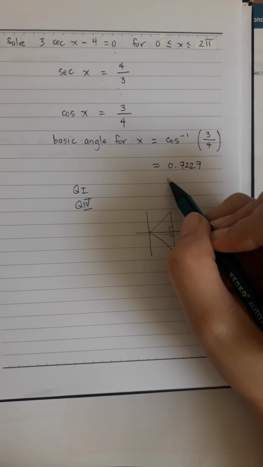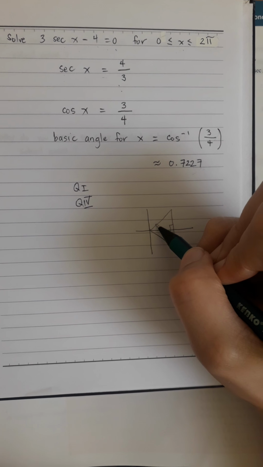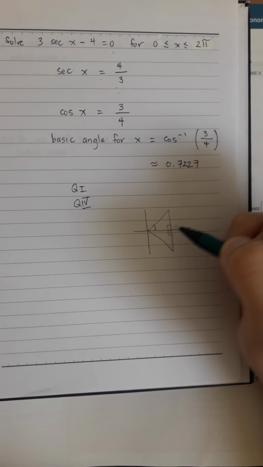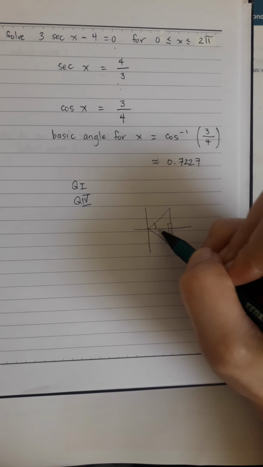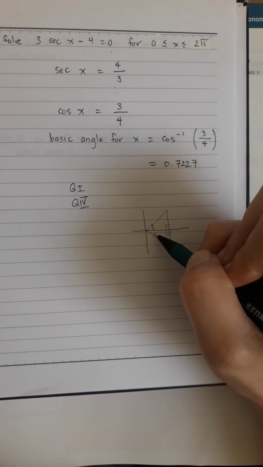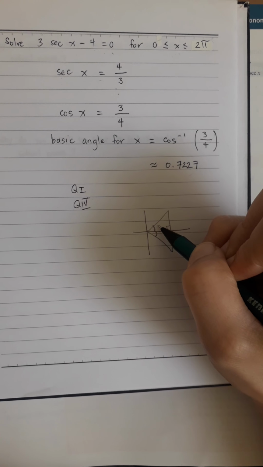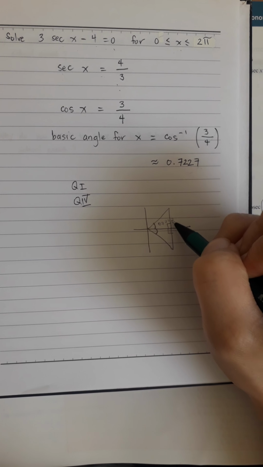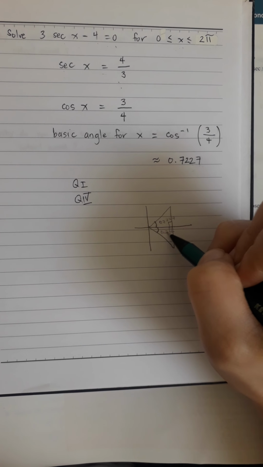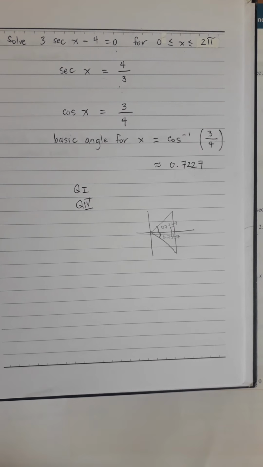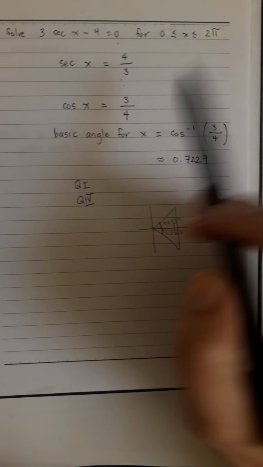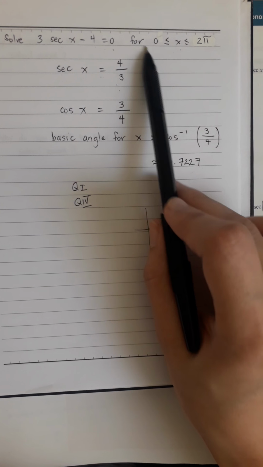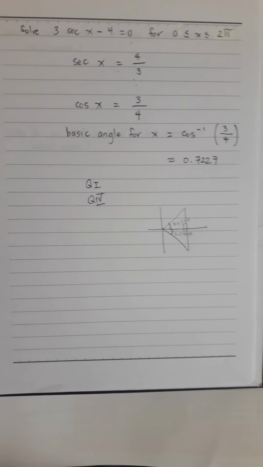So this angle that we got here, the basic angle, means the size of this angle with respect to the x-axis. And this one also. So this is 0.7227. Same with this, 0.7227. 0 to 2 pi. So we need to consider that the value should be within this range.